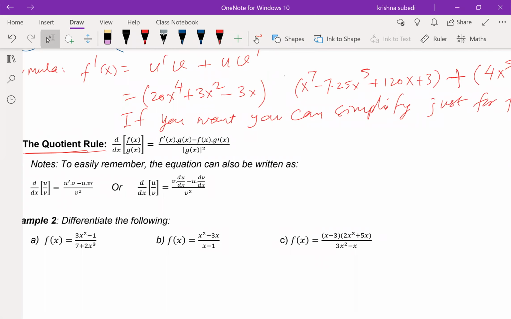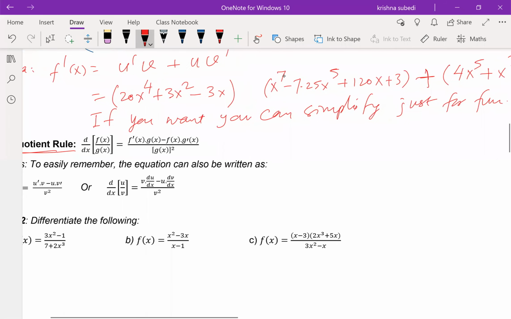Let's look at this part A. Here is the formula. When you have two functions divided, you can write f of x over g of x, but for simplicity I use u and v. So what is the formula?